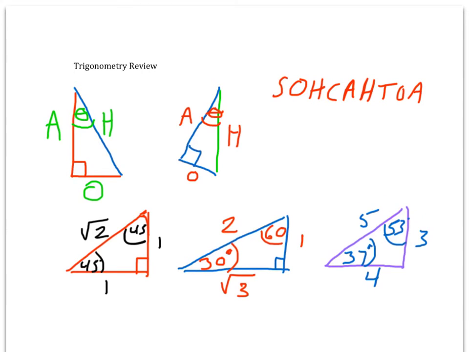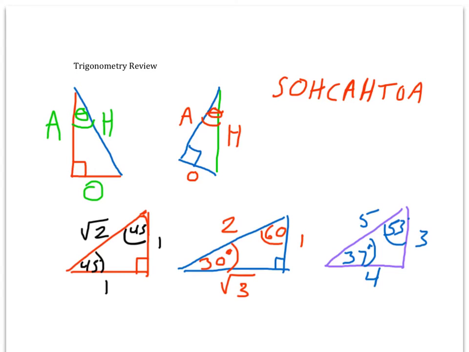The sine of 53 is 4 over 5, which of course is the same as the cosine of 37. And then the cosine of 53 is 3 over 5. And then in terms of your tangents, the tangent of 37 is 3/4. These are things that you should absolutely know.